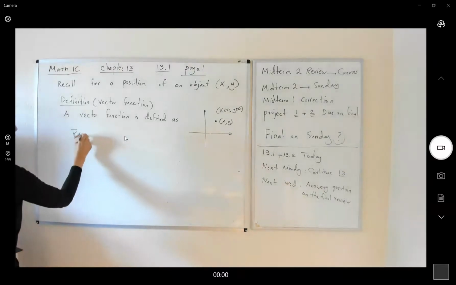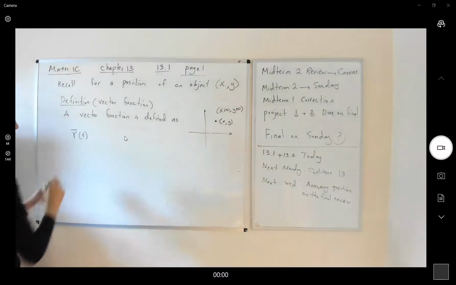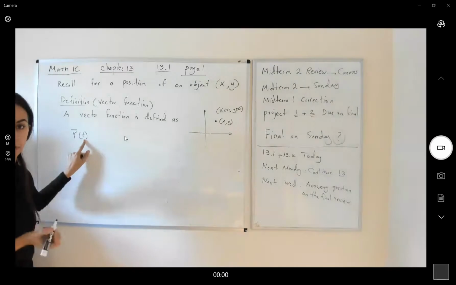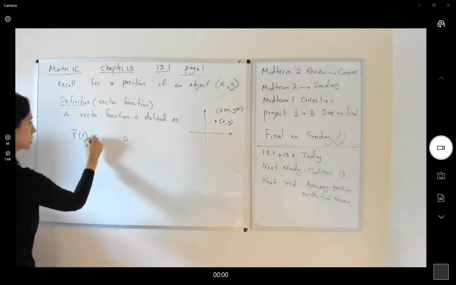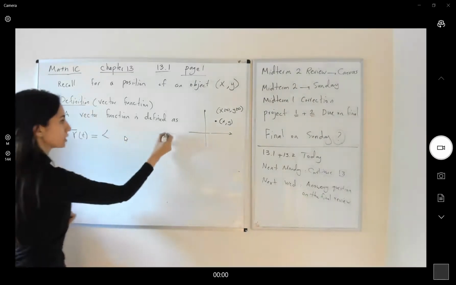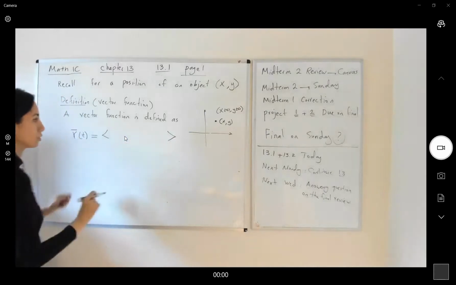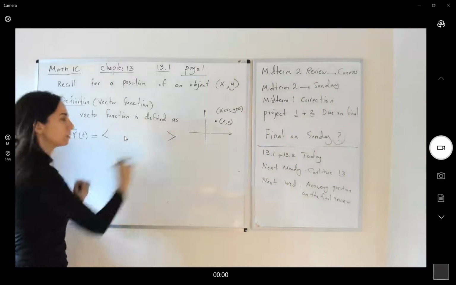This vector depends on parameter t, and we define it this way. Since we are using a vector, we're going to use a vector symbol.